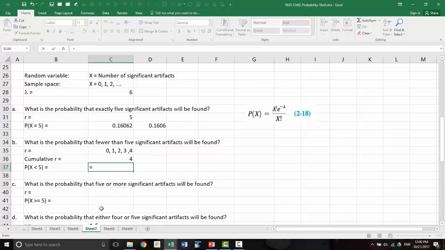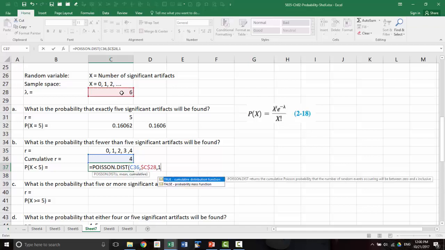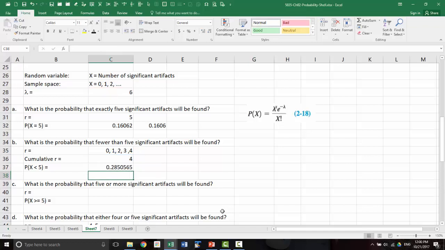Let me set it up again. POISSON.DIST, r is there, and lambda is over there, and we do want the cumulative probability this time. So comma 1 will give us the cumulative probability.